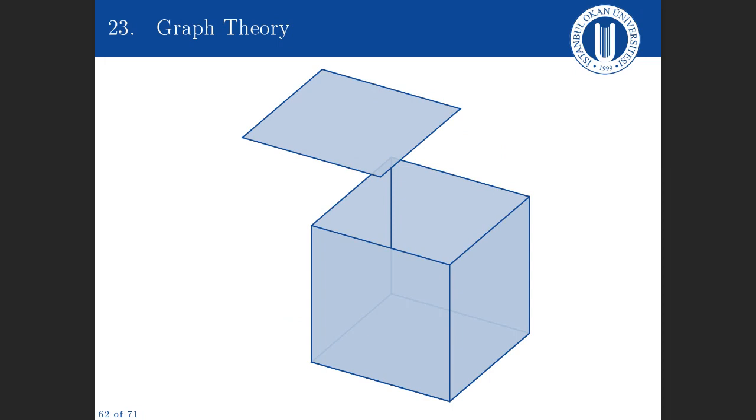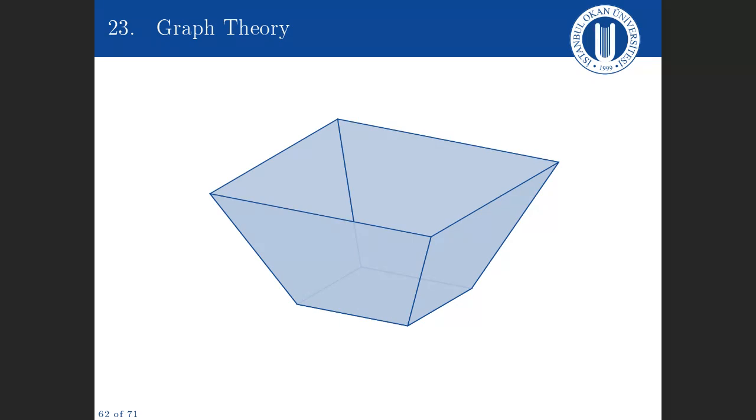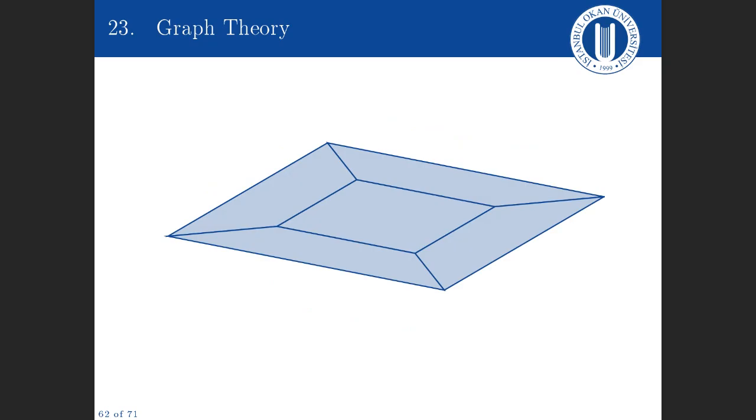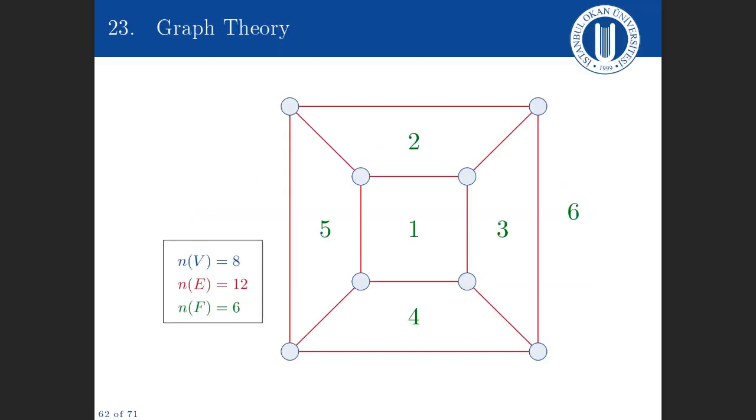Now I'm going to throw the top away, and then I'm going to start stretching and squashing the cube. So far, the number of vertices is the same, that hasn't changed. The number of edges is the same, that hasn't changed. But because we've thrown away the top of the cube, the number of faces has decreased by 1. Let's squash this flat. Same number of vertices, same number of edges, but we've got 1 less face. In order to account for the face that we threw away, I want to count the outside of this.